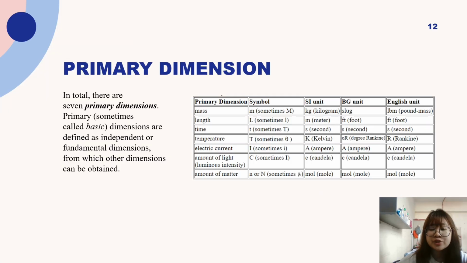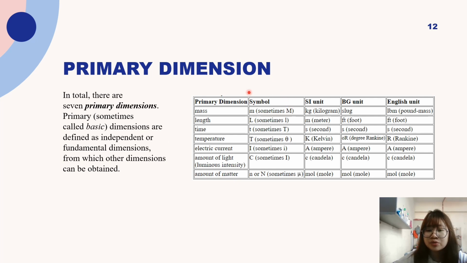For your information, dimension can be classified into primary and secondary. Here are the 7 primary dimensions which have been represented in this table: mass, length, time, temperature, electric currents, amount of light, which is luminous intensity, and amount of matter.